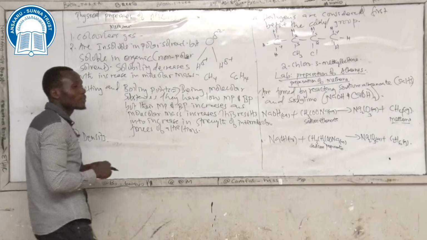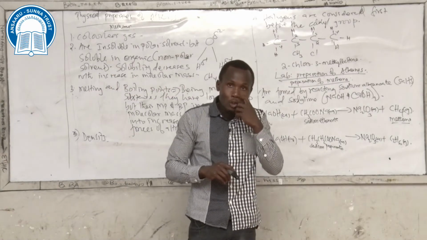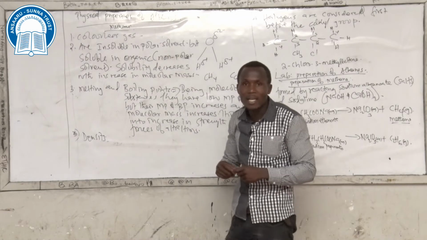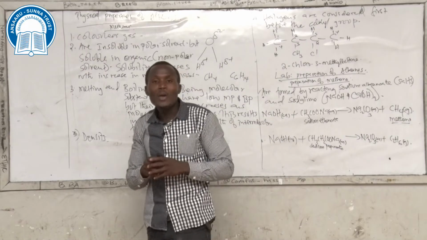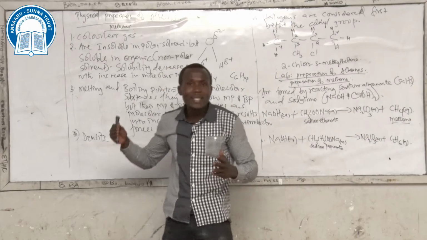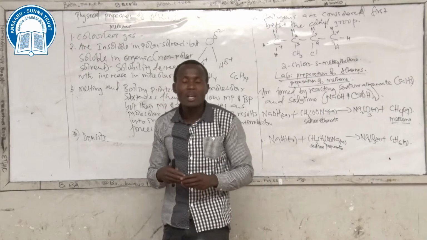The density of a substance is determined by its molecular mass. So we have seen that as the number of carbon atoms increases in alkanes, their molecular mass also increases. Therefore, we are also going to find that the melting and boiling point, the density is also going to increase as the number of carbon atoms increases.